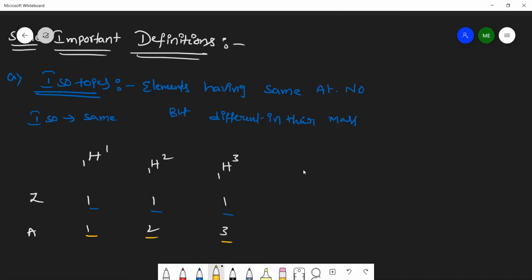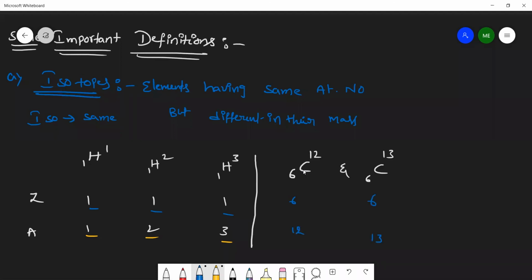Then go for another example, C6 12 as well as C6 13. The atomic number is 6 here and here also, the mass is 12 here and 13 there. The atomic number is the same, the mass is different, so these are isotopes. Hydrogen has 3 isotopes, carbon also has 3 isotopes, C12, C13 and C14.